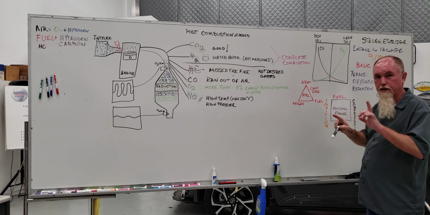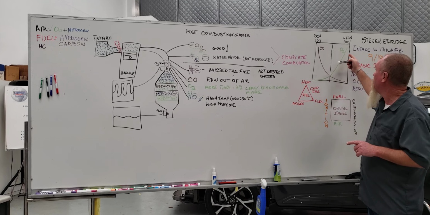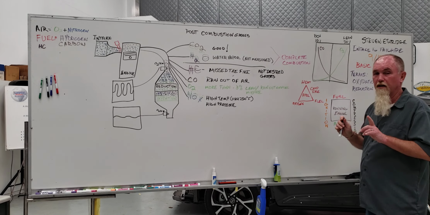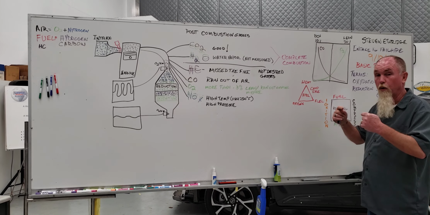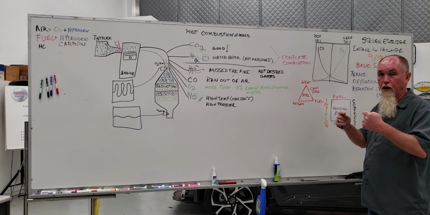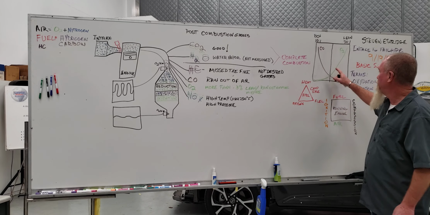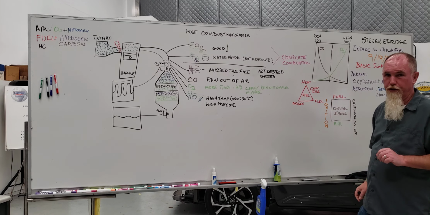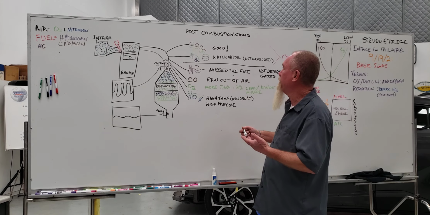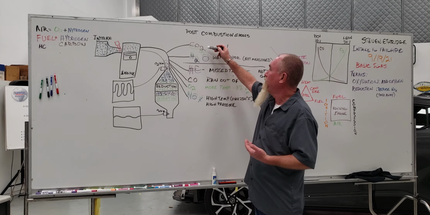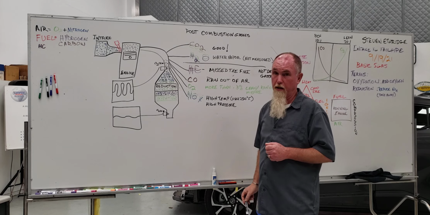So if you take a look at CO and O2, you'll identify very, very quickly by whichever one is higher, where you're running in the rich or lean condition. If they're both about the same, you're in good shape. Now, some of the things that we need to know about CO2: your CO2 is going to drop with any inefficiency.